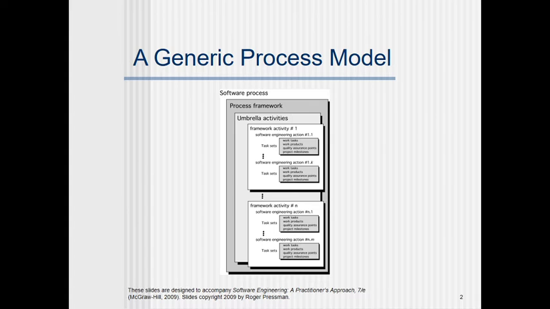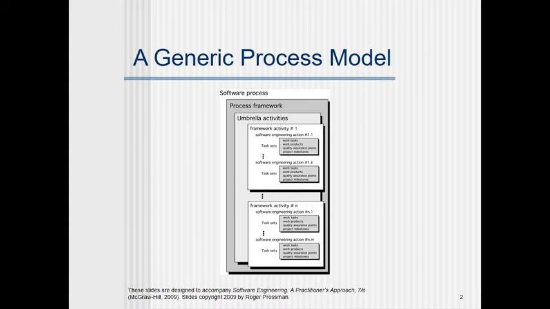What steps are required to follow? The steps depend on the project type, whether the software is created for a simple website or for a very complex aircraft navigation system. So the steps differ from project to project.